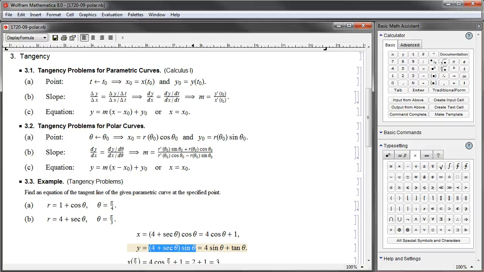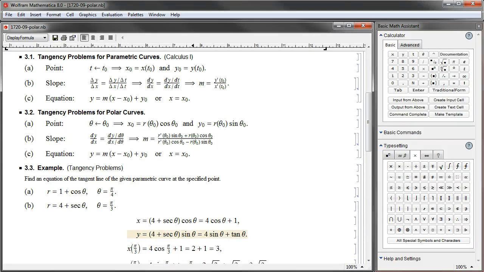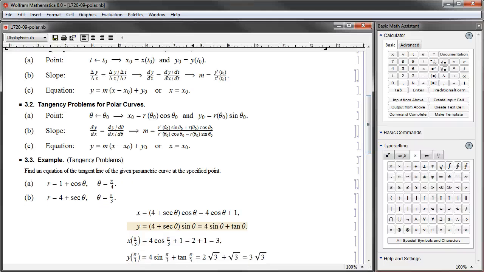Well, r times sine of theta. So after simplification, we get something like this: sine theta plus tangent theta. So step 1, plug in theta equal to pi over 3. We have the x value. Plug in theta equal to pi over 3, we have the y value. So we have a point.